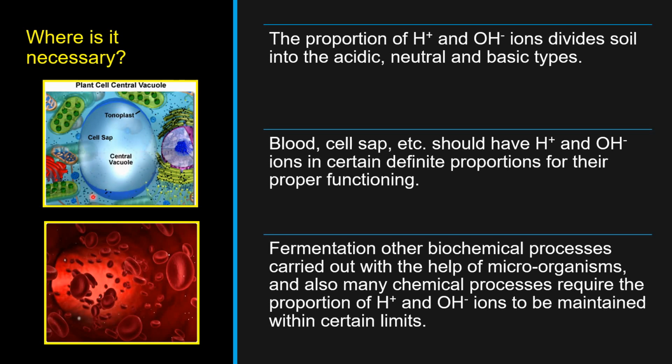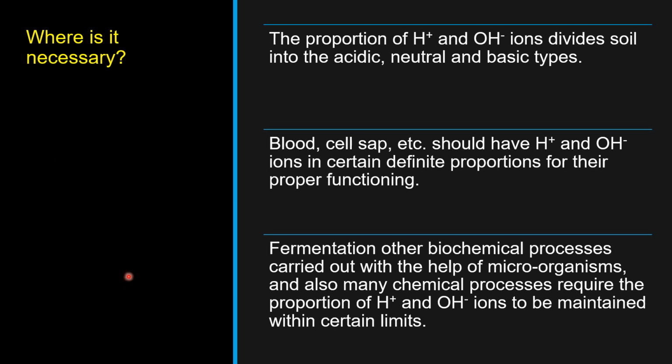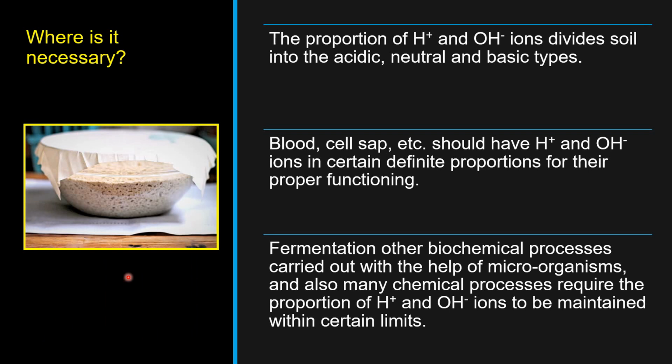They should have a proper amount of H plus and OH minus ion so that they can function properly. We know fermentation. Fermentation and other biochemical processes carried out with the help of microbes especially, and many chemical processes, they need the proportion of H plus and OH minus ion to be maintained within certain limits. So there is a need that we have to check the proportion of H plus and OH minus ions so that things go the proper way.